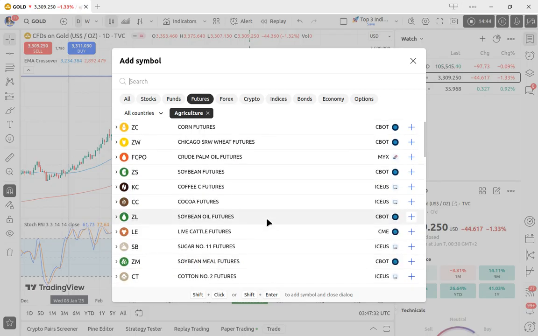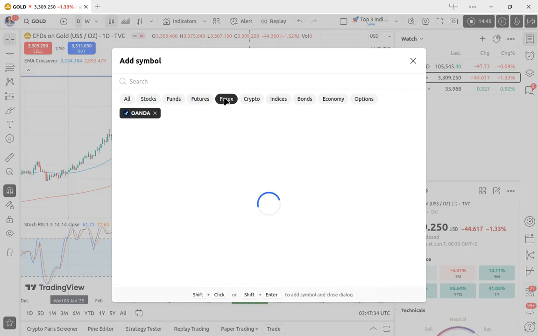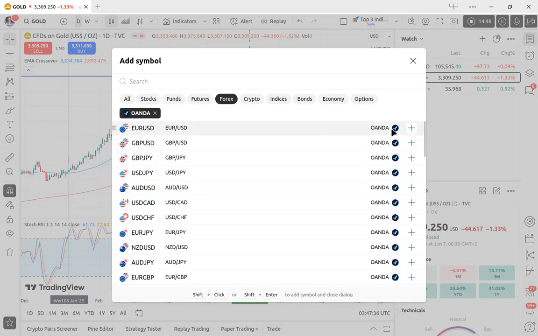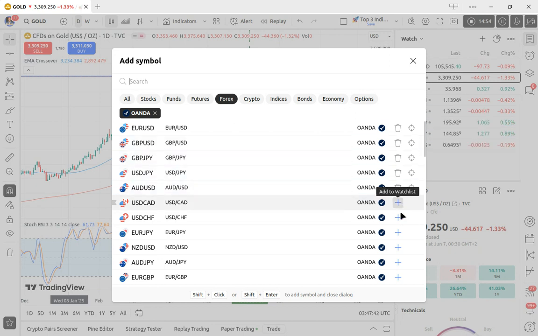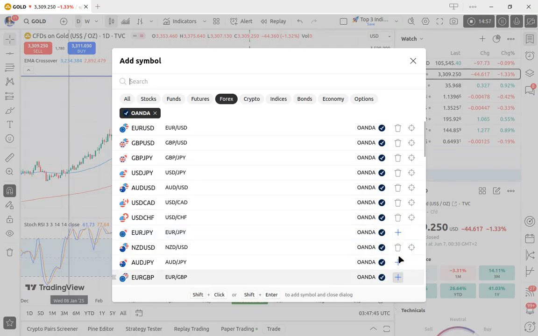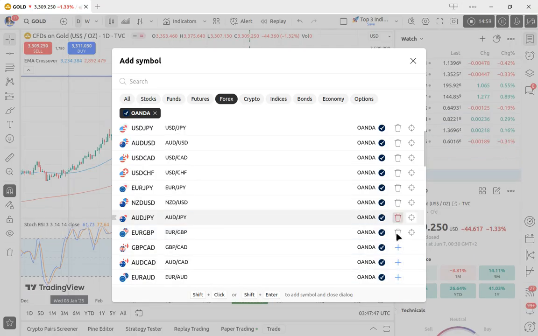Let's try forex. See if we can find something. But the strategy I showed you is definitely very good for gold and silver, as you could see.